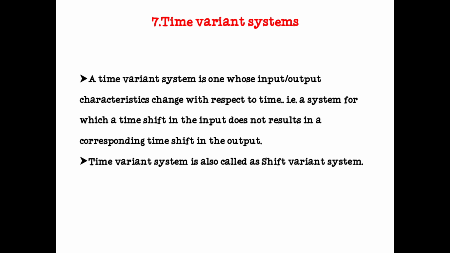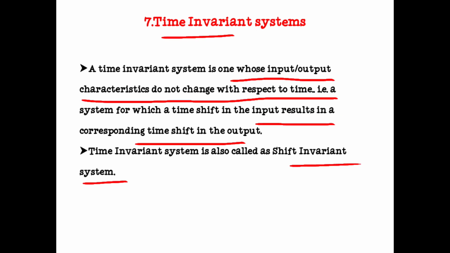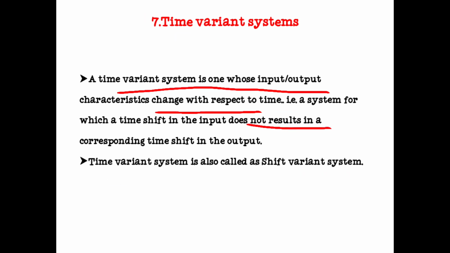A time variant system is one whose input output characteristics change with respect to time. That is a system for which a time shift in the input does not result in a corresponding time shift in the output. So that is a time variant system.